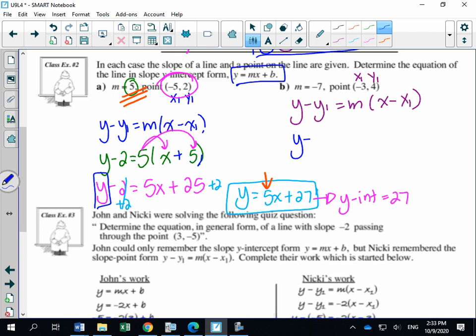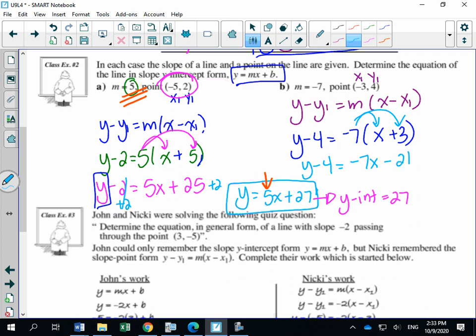Okay, so y minus 4 is equal to the slope. X, instead of writing x minus negative 3, I'm going to put x plus 3 to speed this up. I'm going to distribute that negative 7 in to get rid of that bracket, and I get y minus 4 is equal to negative 7x minus 21.